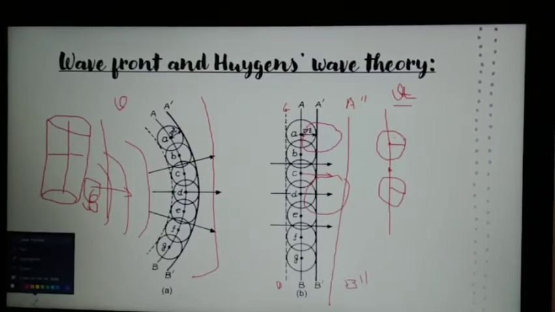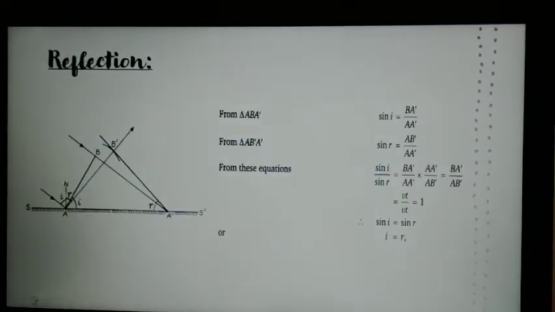Okay, see, this diagram shows reflection. See, S dash is a mirror. S dash is a surface which can reflect light. Here AB is a plane wavefront. And in the medium, this is the first medium only.